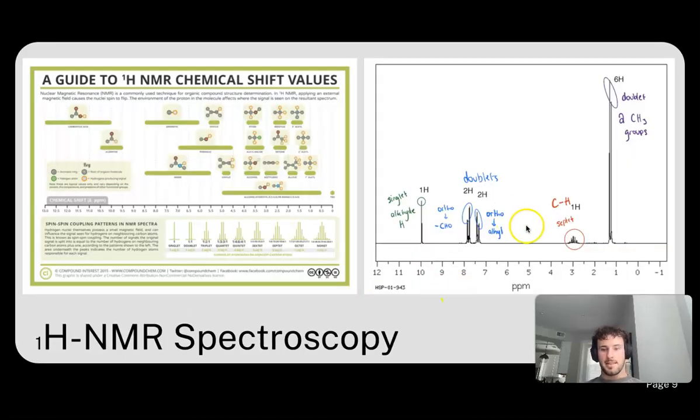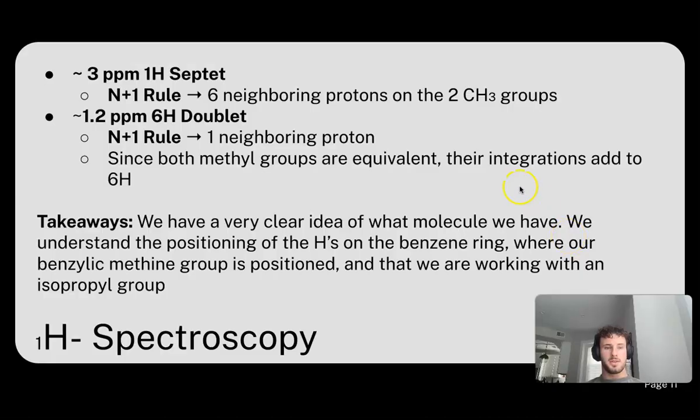Then looking at this little septet down here around 3 parts per million, looking at the N+1 rule, we have 6 neighboring protons on the 2 CH3 groups. So we know that these 2 CH3 groups are equal and are placed next to the hydrogen of the septet. So that is a CH group bonded to 2 CH3 groups.